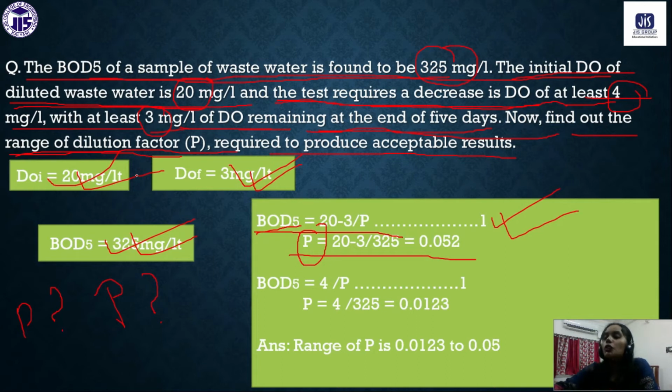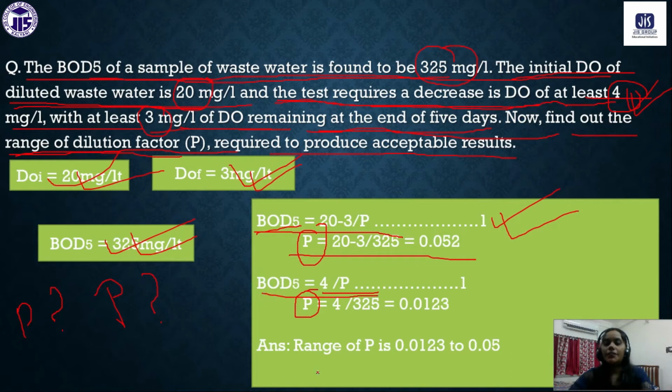That is initial value minus final value, which is 4. So for getting the second value of the dilution factor, can we do 4 by P? Can we use it?